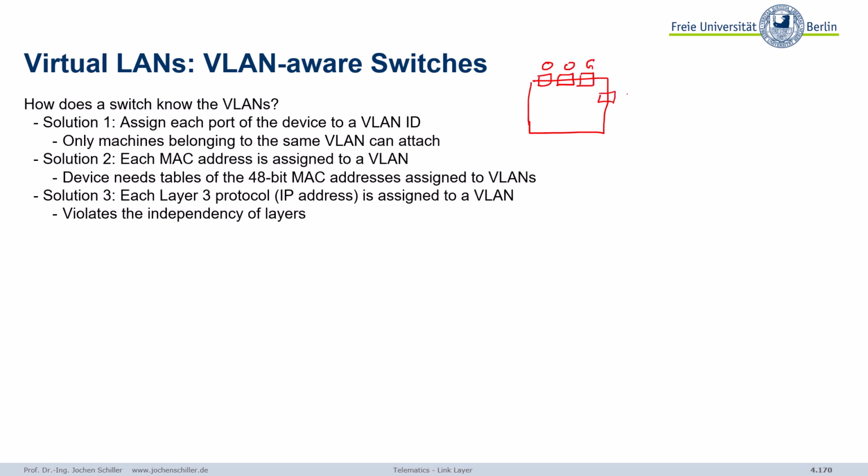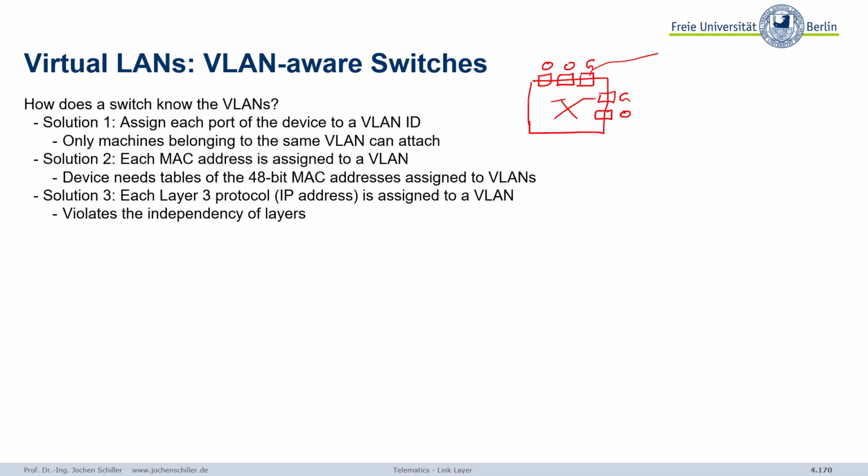So we assign ports to certain networks. And then if you connect a device here, you automatically belong to the gray network. So if you move from one department into another one, the system administrators have to reprogram the switch and tell the switch, now this port, although you sit in the middle of the orange department, belongs to the gray department.